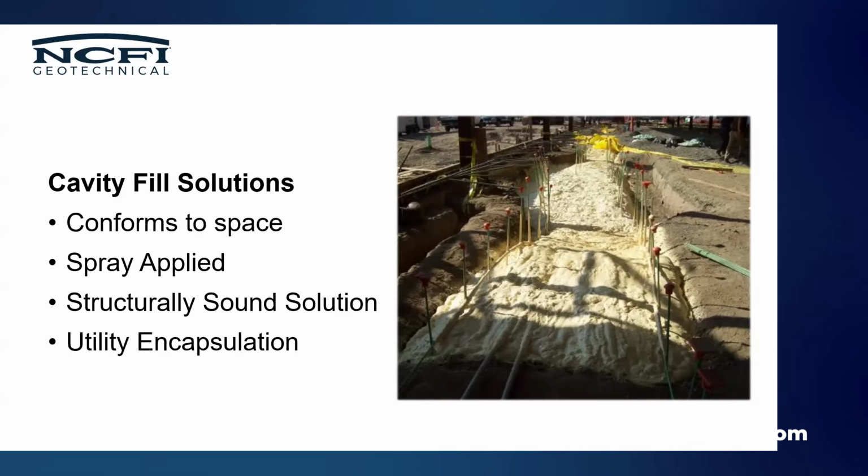You can't really see all the conduit there, but you can see some of it coming out at this end. It's nice when you're spraying around conduit like that. It's going to get in there and fill everything in. If they ever needed to get to it again, this would be much easier to dig through than concrete.